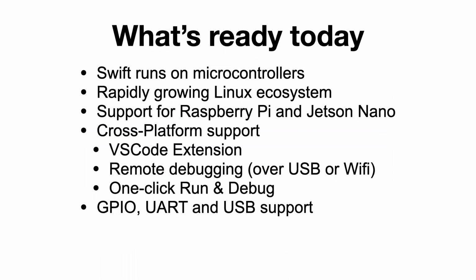So what's ready today? Well, Swift already runs on microcontrollers and has got a growing ecosystem on Linux. Like 40% of the Swift packages today run on Linux already, with 30% of all packages also running on Android, which is a new emerging ecosystem. So this really shows that the ecosystem and the community is very happy for other ecosystems to be part of this community. It's not just iOS.